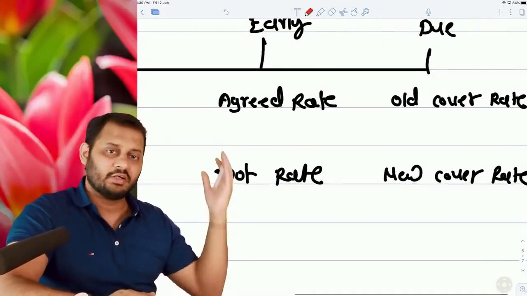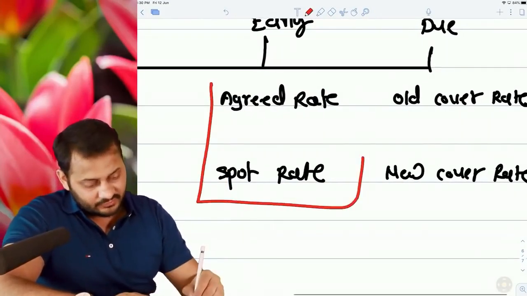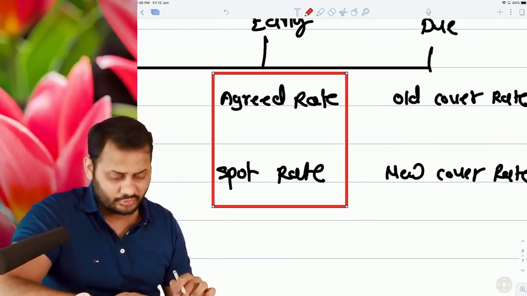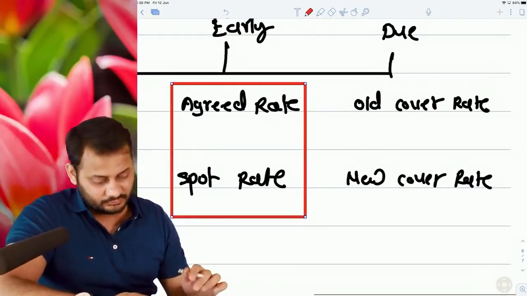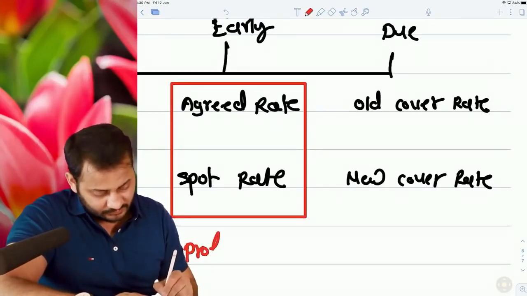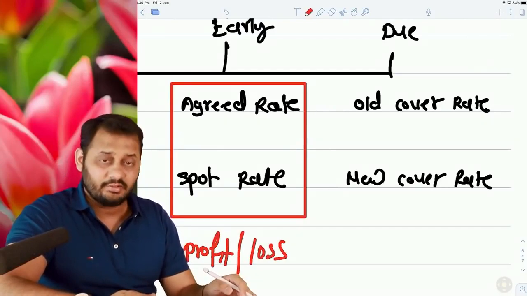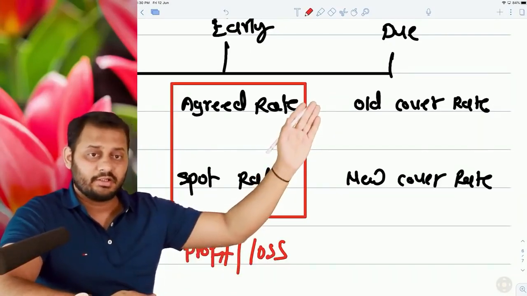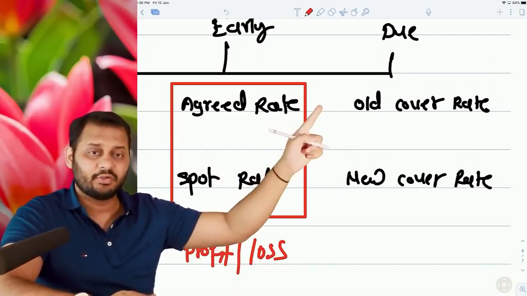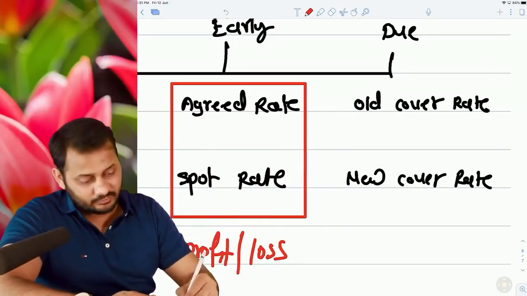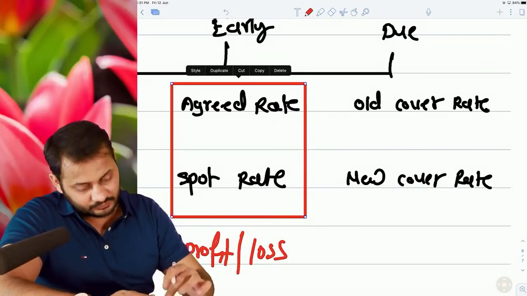Because of the early delivery, the bank will suffer some loss, which will be the difference between these two rates, a profit or loss. Again, in order to cover that, because of the customer, the bank had to cover this with the new cover rate on this date itself. So there will be some profit or loss in this case also.